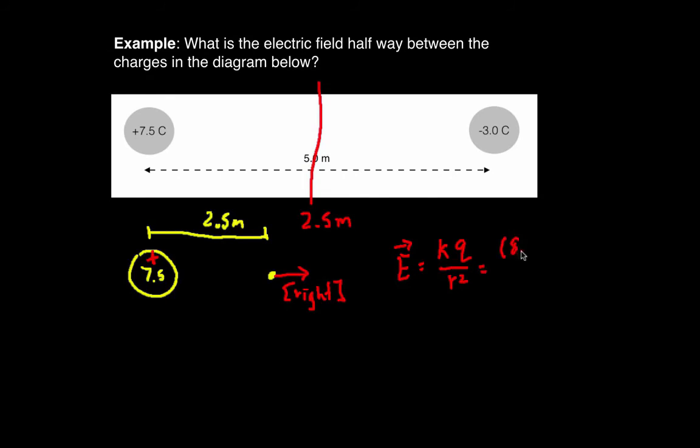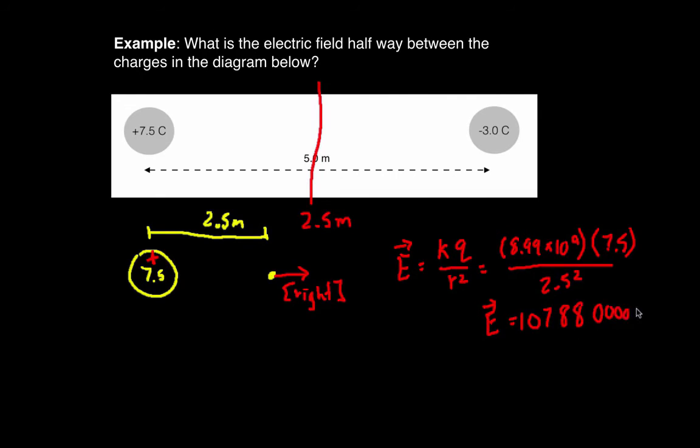K is 8.99 times 10 to the 9. Q is 7.5. And the distance is 2.5. Watch this squared. It's a really common habit to forget to square our radiuses, which gives us an electric field equal to 107.88 newtons per coulomb to the right.